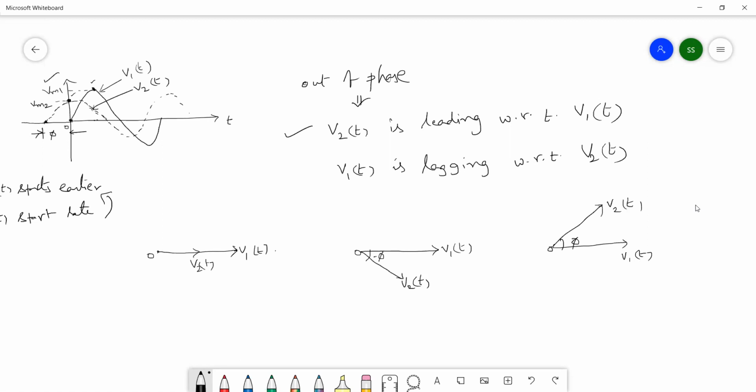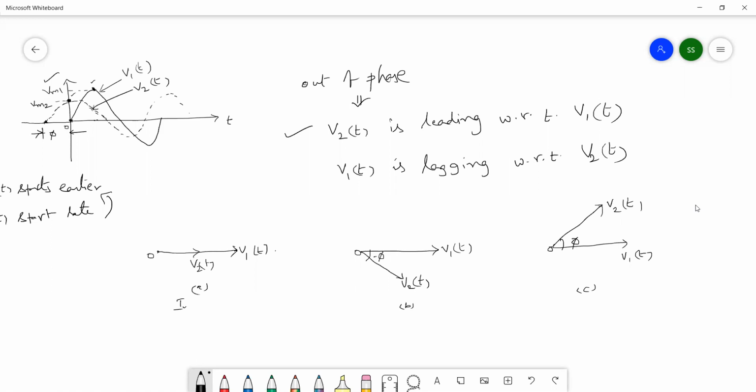Now tell me, there are three figures A, B, C. Out of these three figures, which figure has in phase quantities? The first one, very good.